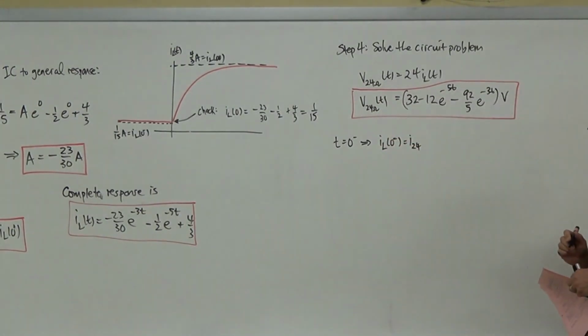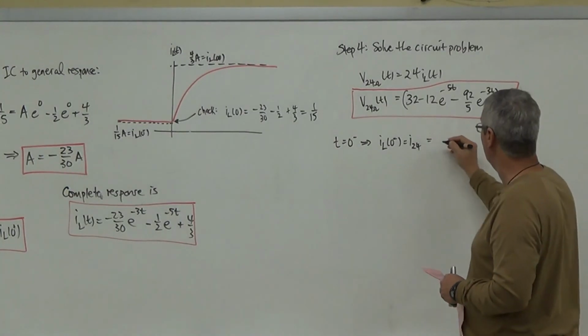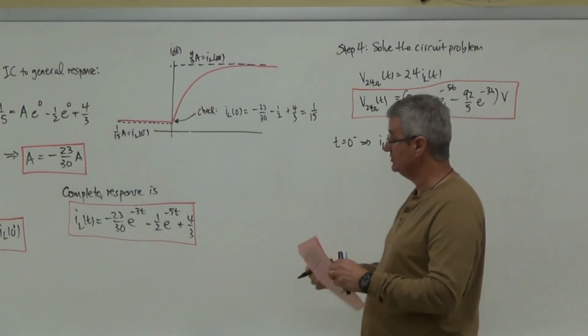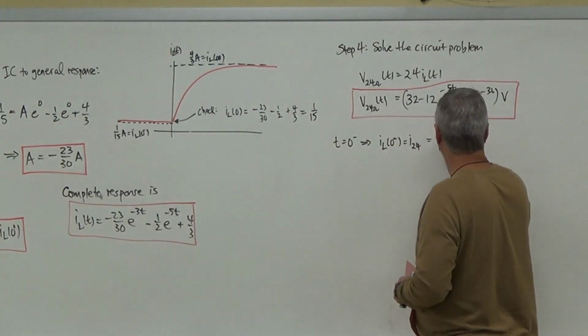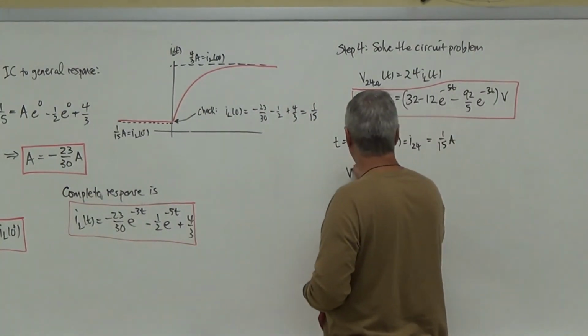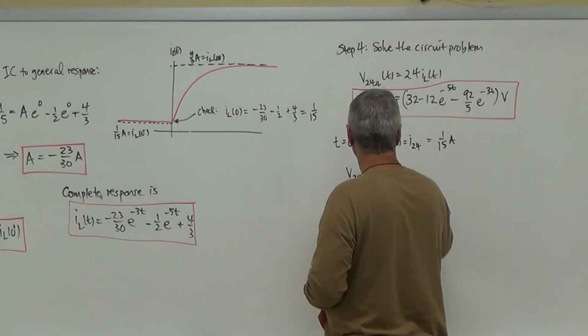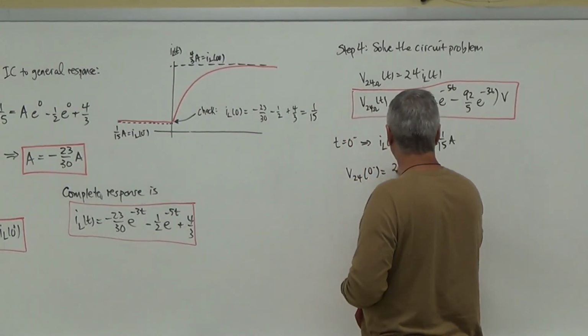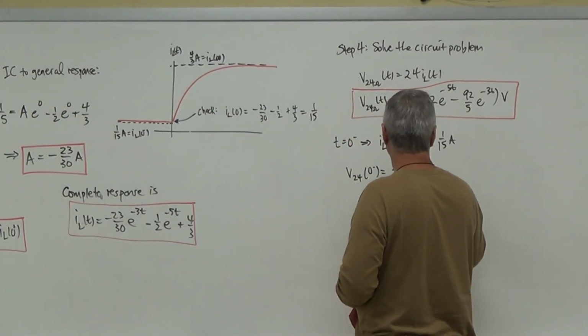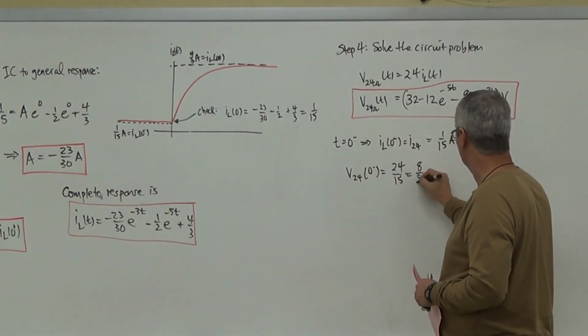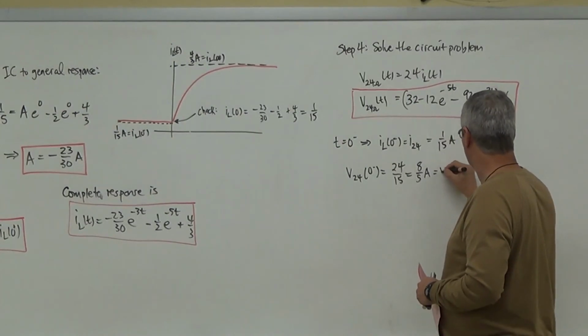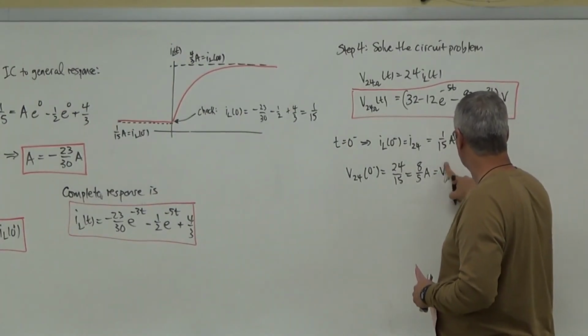And so when I calculate this guy, this should be 1/15 of an amp. So that means V24 at 0 minus had to be 24 divided by 15, which then gives me 8/5 of an amp. So that's what we mean by this guy right here.